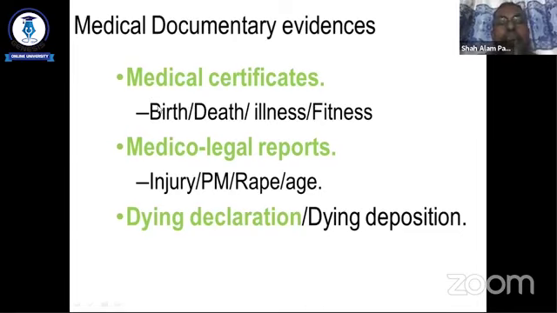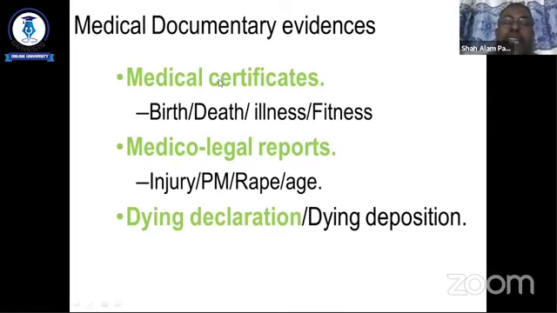Medical certificates include birth certificate, death certificate, certificate of illness, certificate of fitness. Medical legal reports include injury report, postmortem report, report on rape or sexual assault, report on estimation of age. These are the medical legal reports.